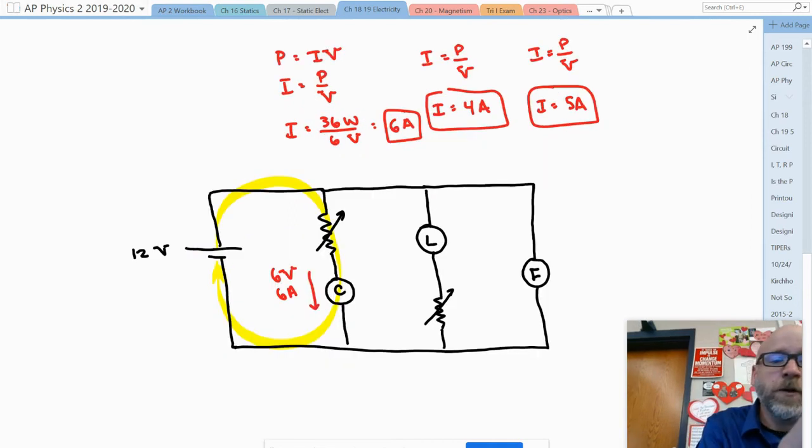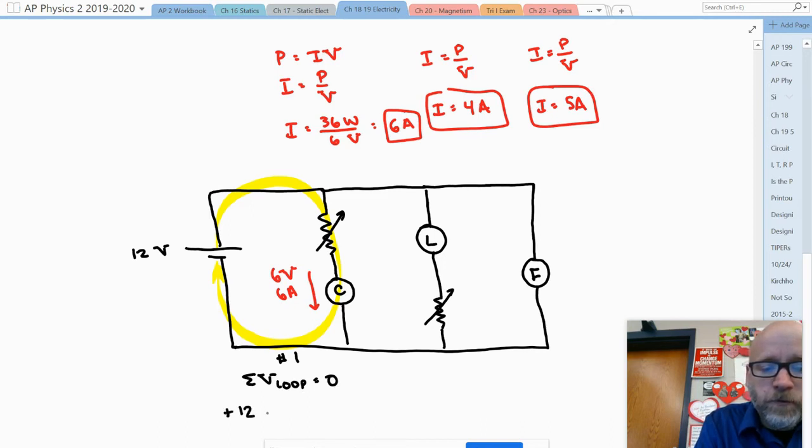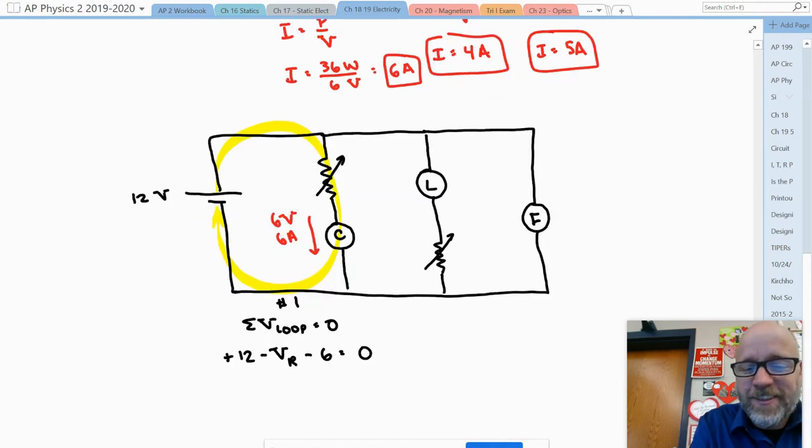But if I go with loop number 1, the sum of the volts around that loop is 0. So plus 12 minus the voltage across the resistor minus the voltage across the computer, which is just 6? Is it that easy? The answer is yes, it is.